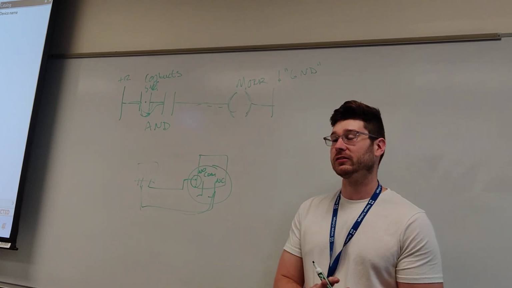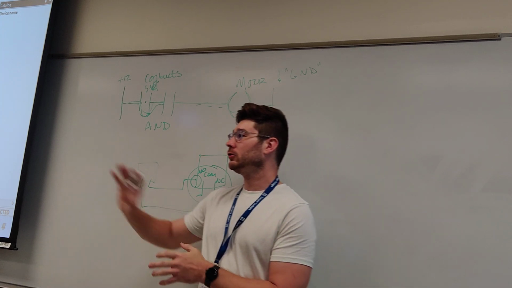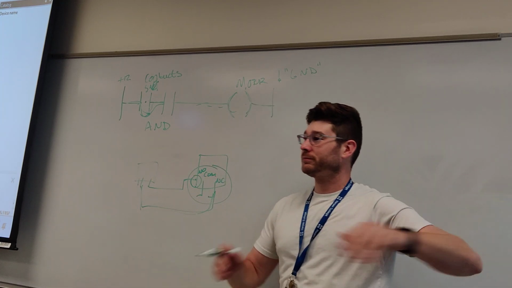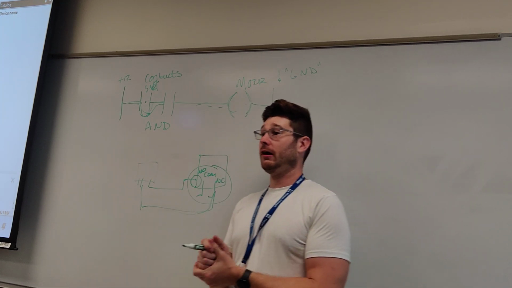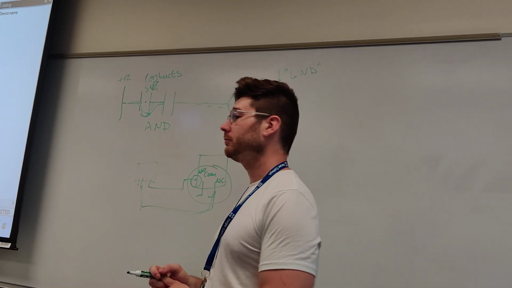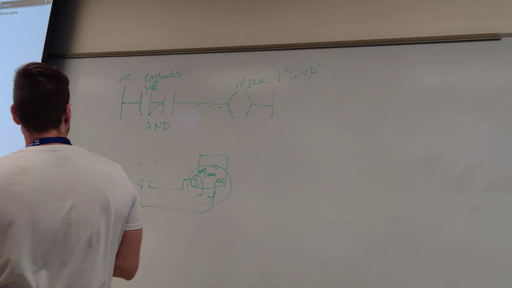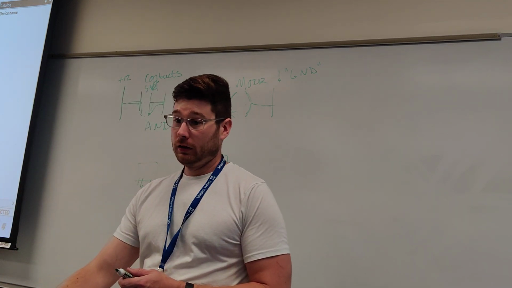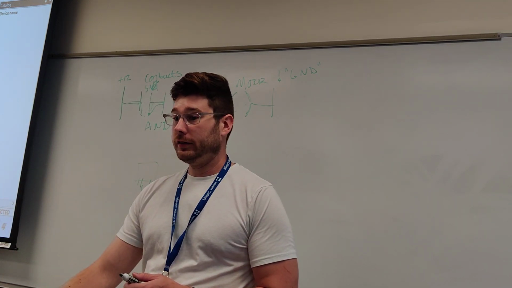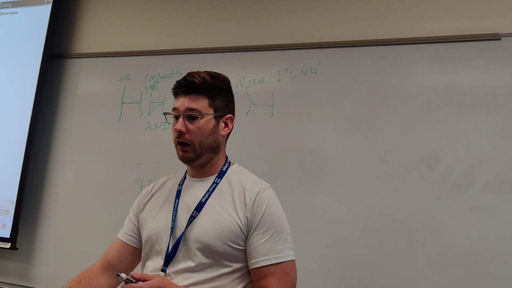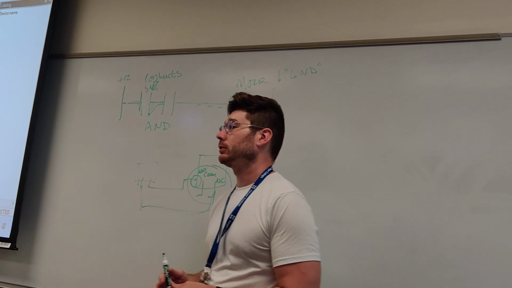Have you guys ever heard of a safety interlock? Maybe two buttons on opposite sides of the room. It's a simple AND gate, but it's very important and very prevalent in the industry. So this is how we can make ANDs. You can add any number of contacts in order to create the logic that you want.